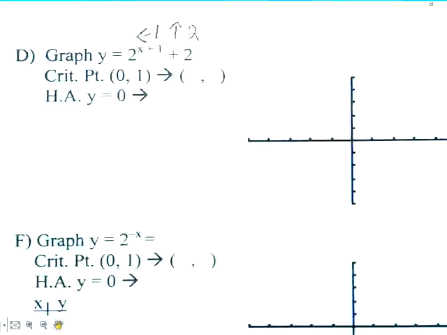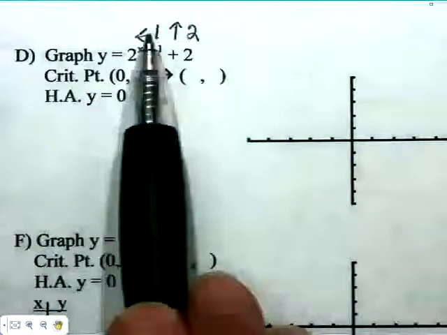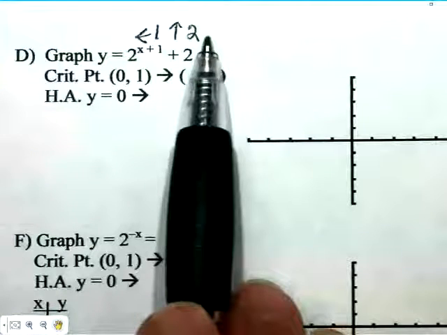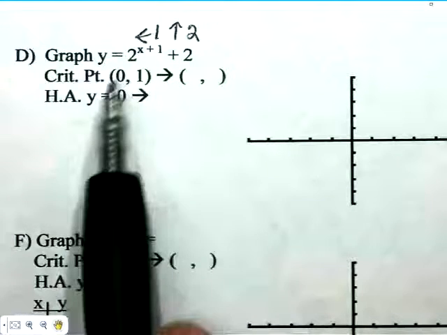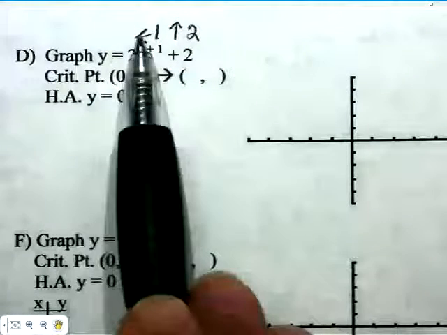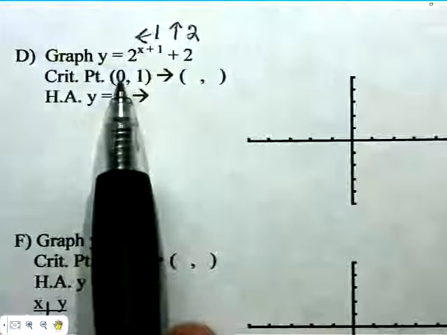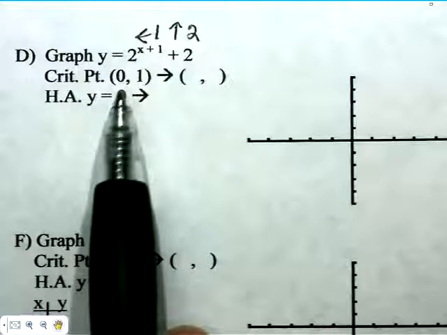Now I could put my pen on the point 0, 1 and count to the left 1 and up 2. I will check my answer that way. But tell me this, if I started at 0, 1 and shifted to the left 1, what does my x coordinate become? Negative 1.